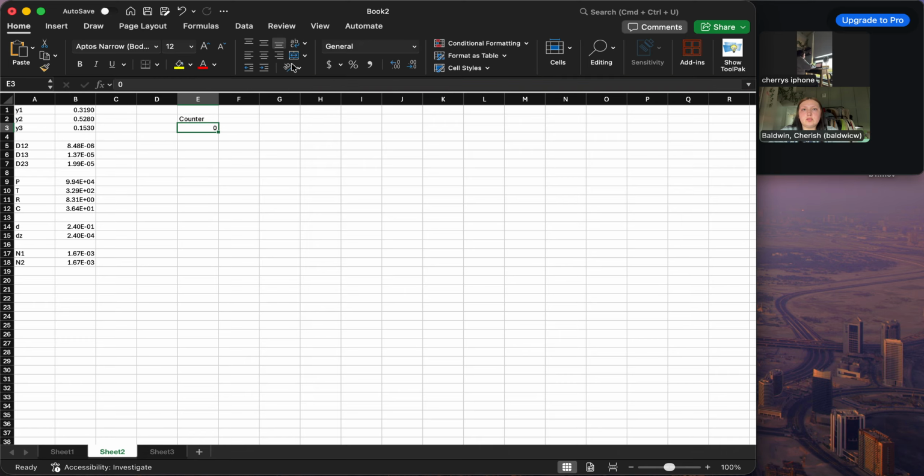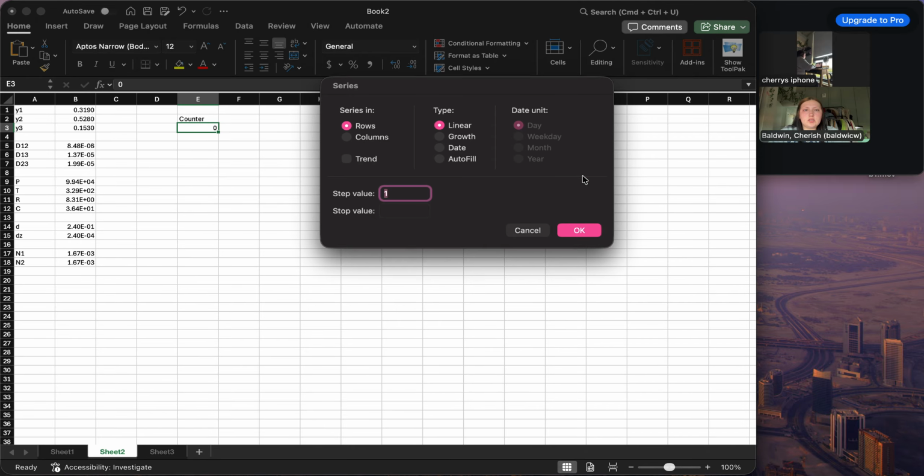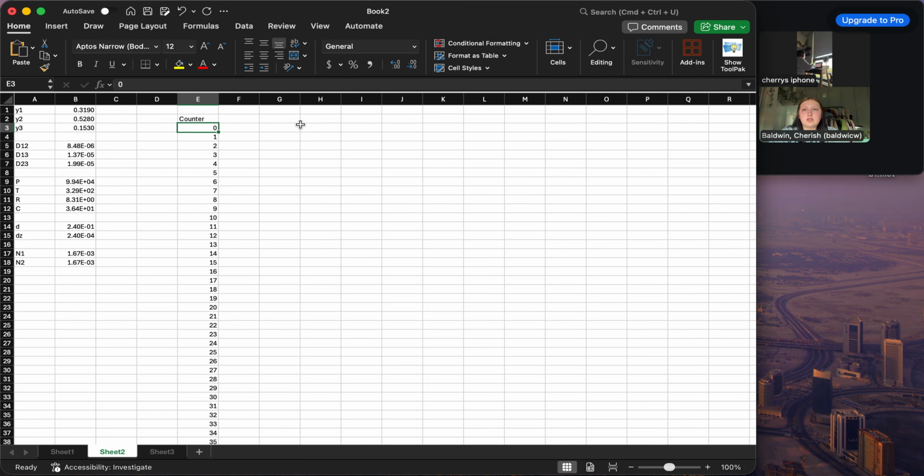Just 0. And then series, do columns and steps 1 to 1,000. All right, and then Z, which is equal to the counter times the length divided by 1,000.